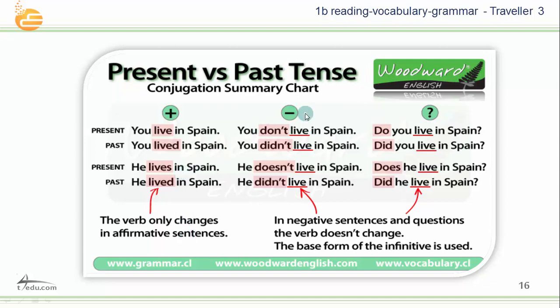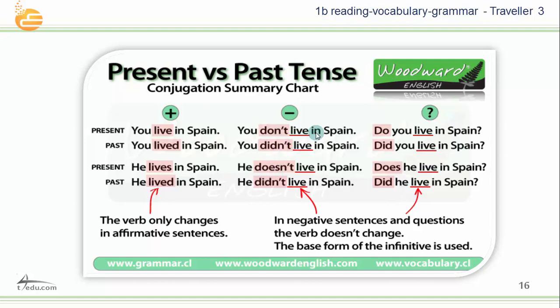Now, for the negative, if we compare the present with the past, for the present we use don't or doesn't, okay? With I, we, you, they, we say I don't, we don't, you don't, they don't. With he, she, it, we say he doesn't, she doesn't, it doesn't. And the verb, no more s, it goes back to infinitive.